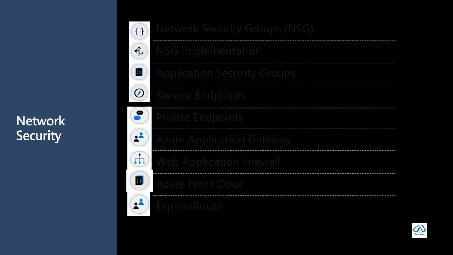Okay. Talking about some of the other things, which is related to service endpoints and private endpoints. In case of service endpoints, if I want to limit the network access to specific subnets and IP addresses, that is where I can make use of service endpoints.